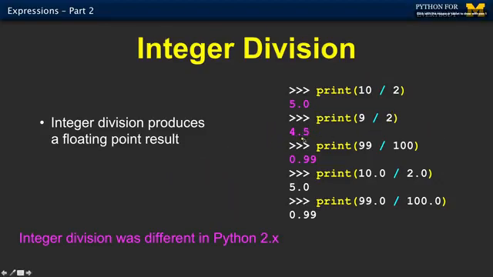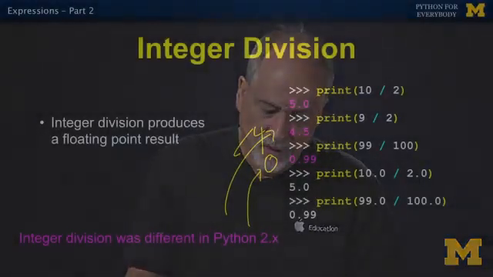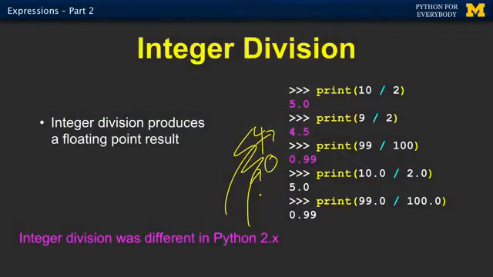Okay, so 9 over 2 is 4.5. In Python 2, this used to be 4. And then 99 over 100 is 0.99, exactly what you'd expect in Python 3. In Python 2, that was a 0. Why? Because it truncated. It didn't even round the numbers. It chopped them off. So this was really quite a silly artifact of Python 2. If you get stuck in Python 2, you just use floating point numbers.